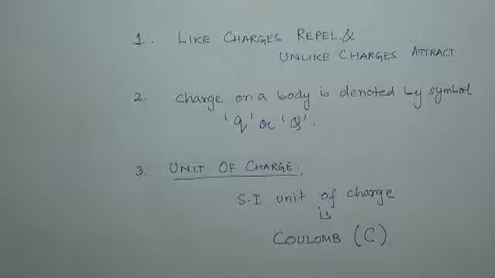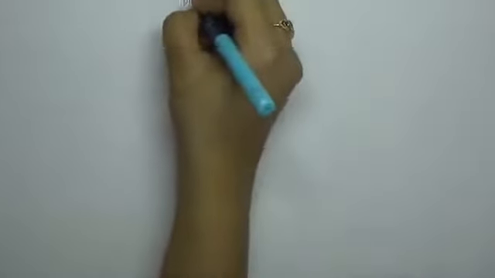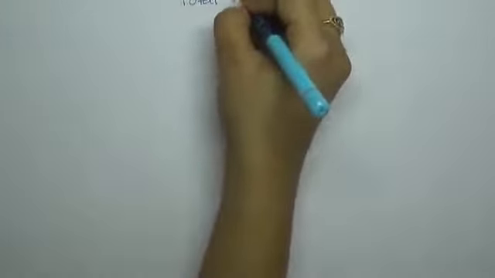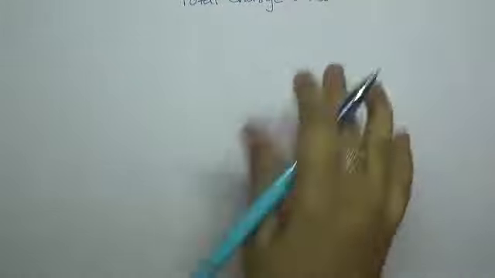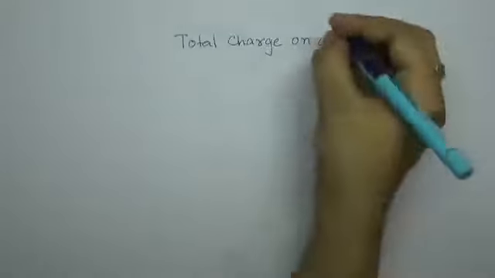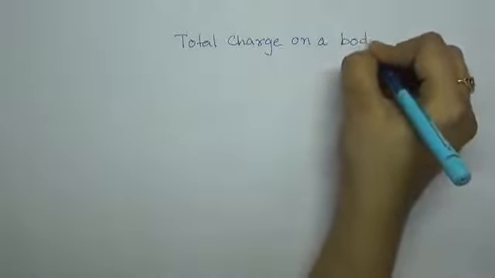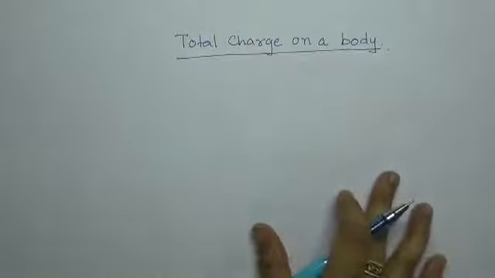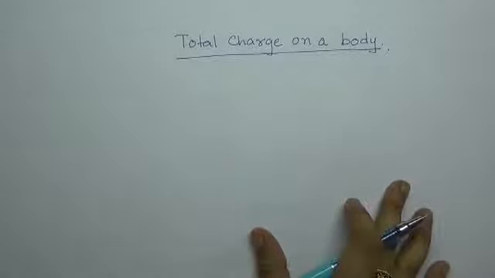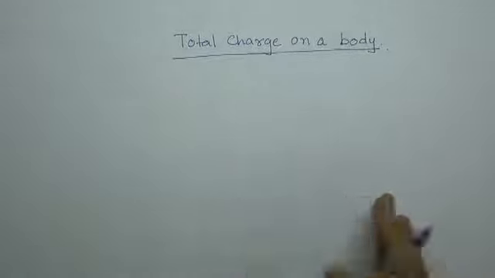Now if you want to calculate the total charge on a body, how are you going to calculate that? Suppose there is a body and there are n number of electrons in that body.